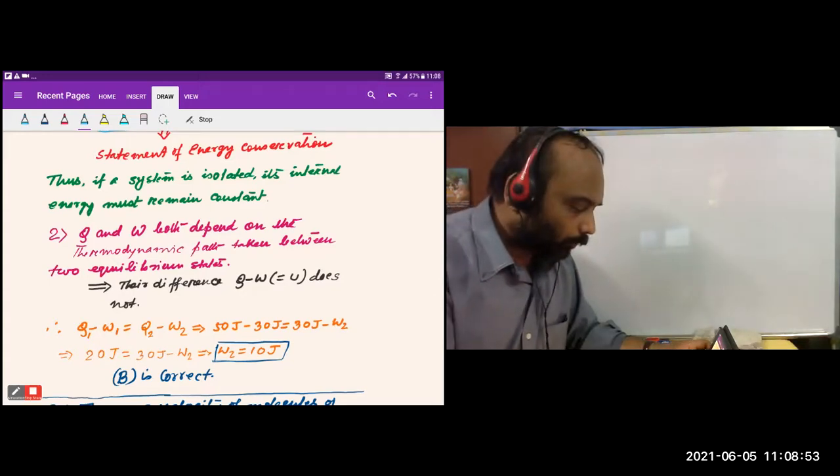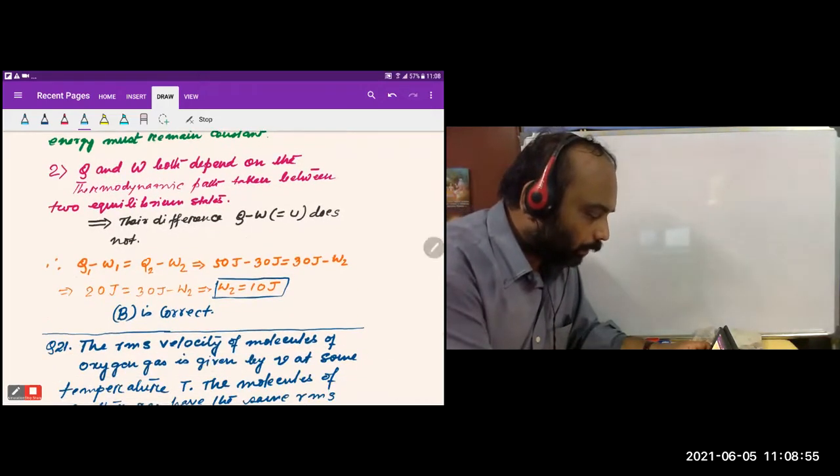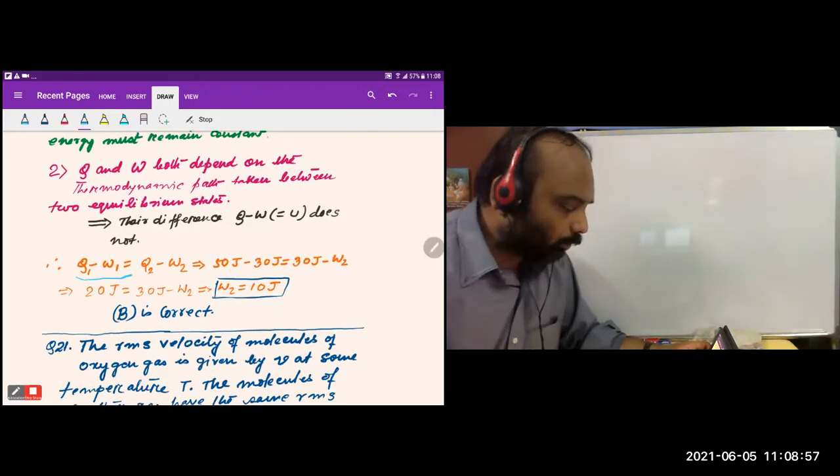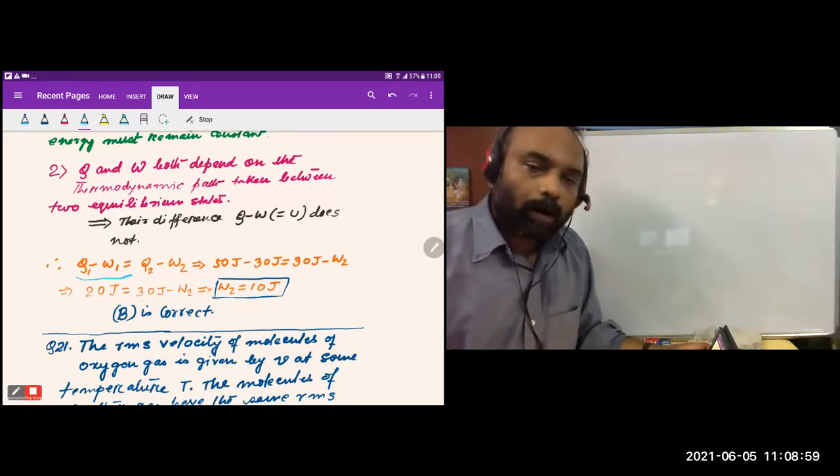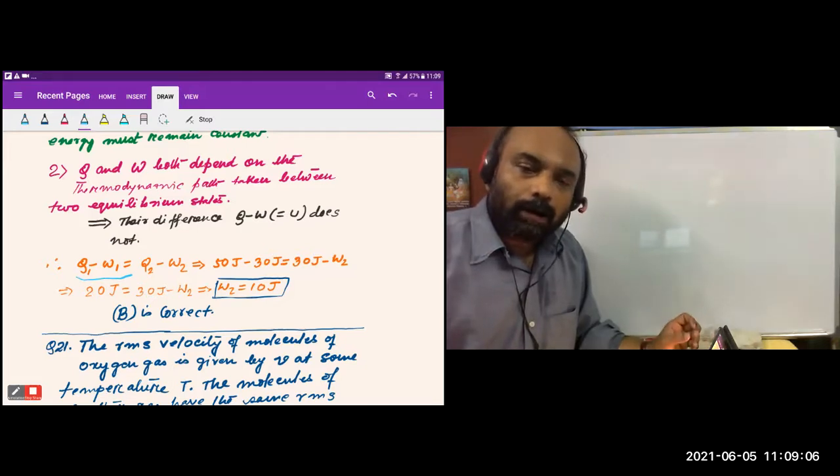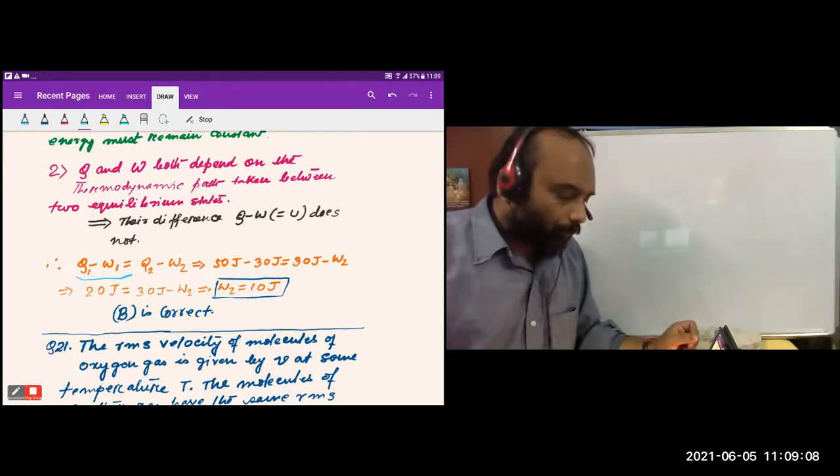So therefore, we can write Q1 minus W1 is equal to Q2 minus W2, because that is the internal energy.